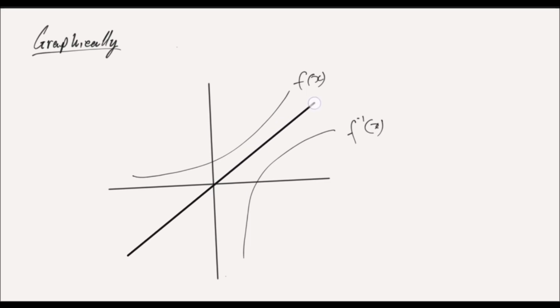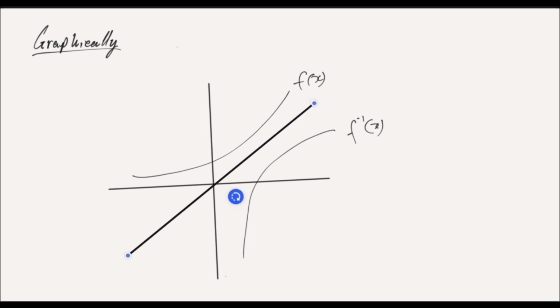We can look at the idea of an inverse function from a graphical point of view. When we do that, the first thing we realize is that the inverse of a function f of x is actually a reflection of the original function about the line y is equal to x.